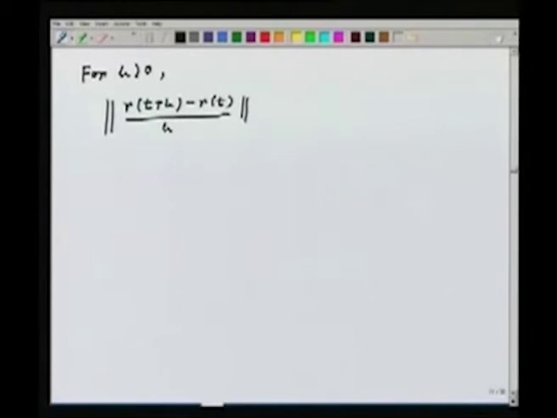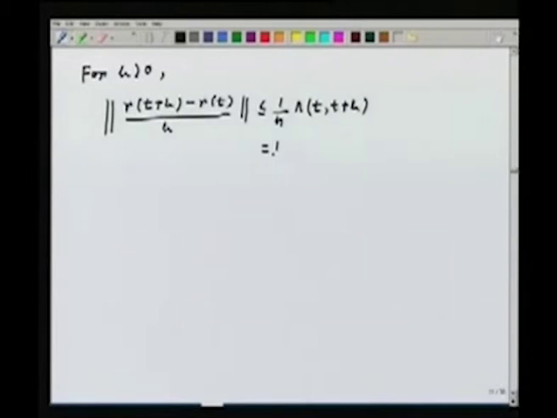Then this is certainly less than or equal to 1 by h lambda(t+h), because norm r(t+h) minus r(t) is just the length of a line, which is certainly less than or equal to the curved length on the curve, which is lambda(t+h).